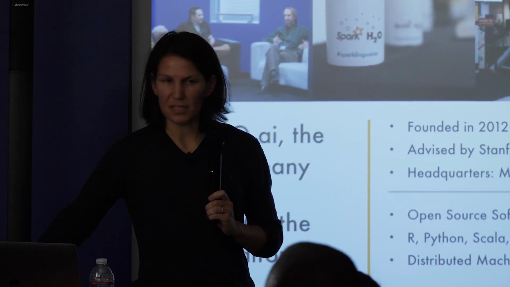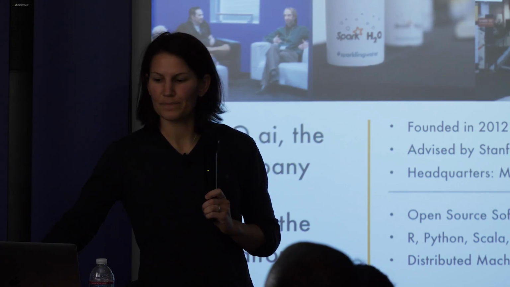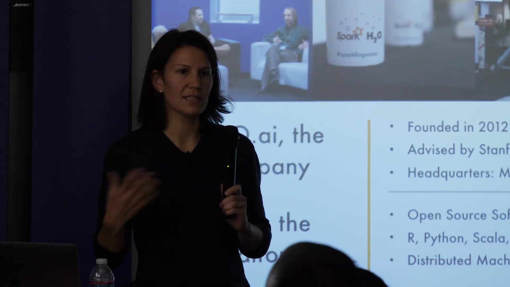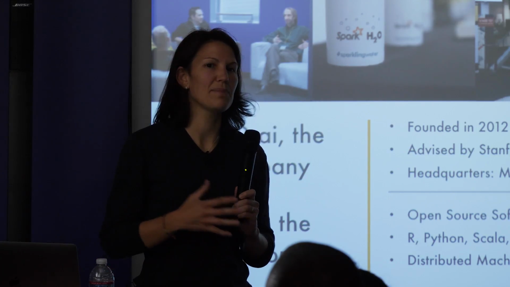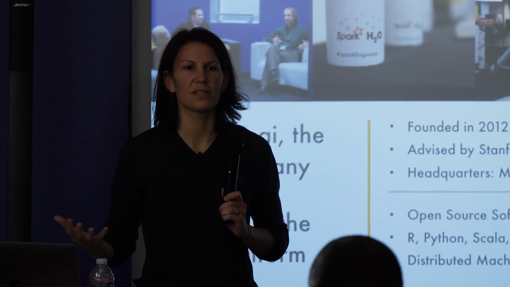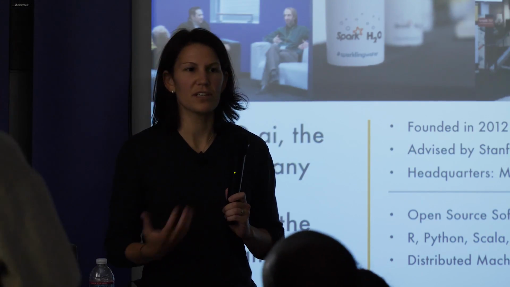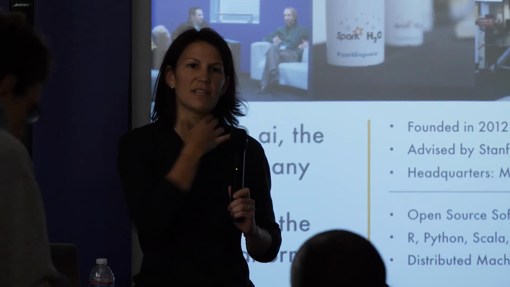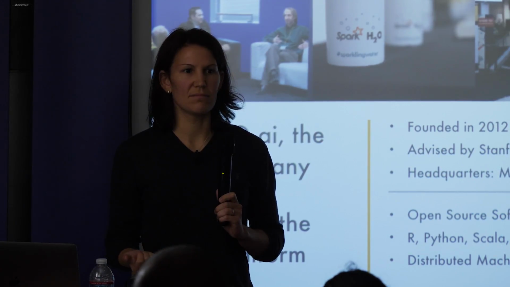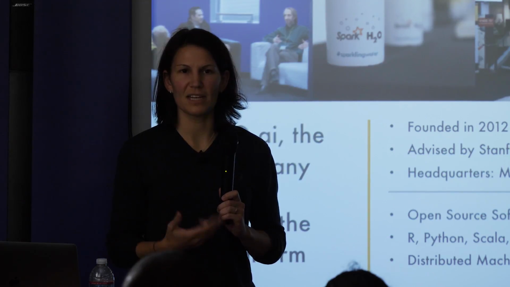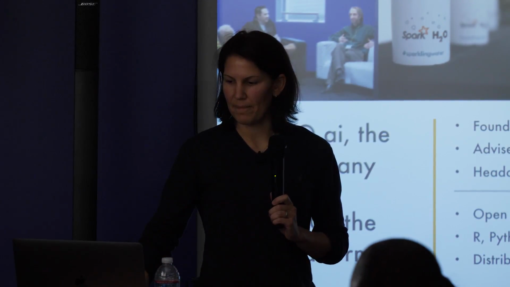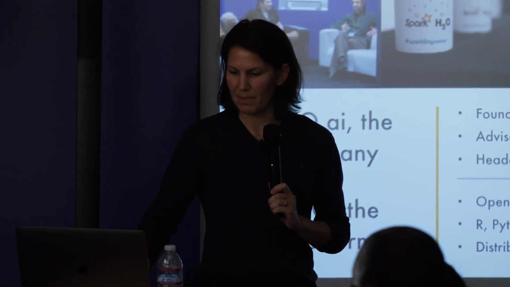And then H2O is also the name of the library. You could call it a machine learning library. You could also call it a platform because it also includes more than just algorithms. It's a data processing library in itself, and a distributed key value store, distributed data frames, all of this infrastructure around doing machine learning in a distributed fashion is provided by H2O.